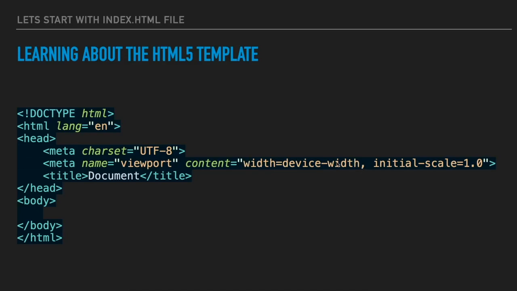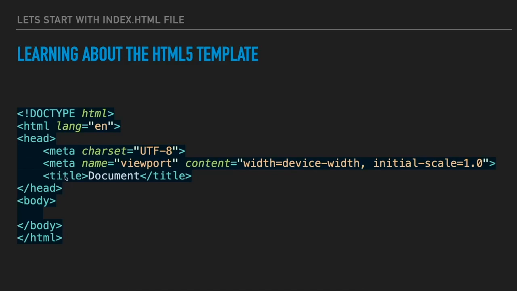So if we load our website on our mobile phone, we want it to equal the size of the phone. Vice versa, if we were on a desktop, we want it to go to the size of the laptop we were on. So this tells the browser to always make our website the size of the device that it's on.